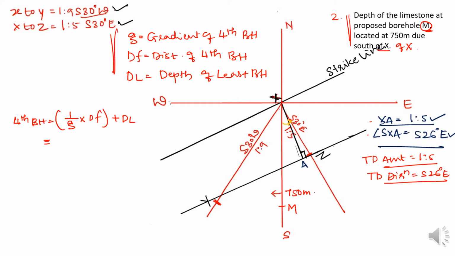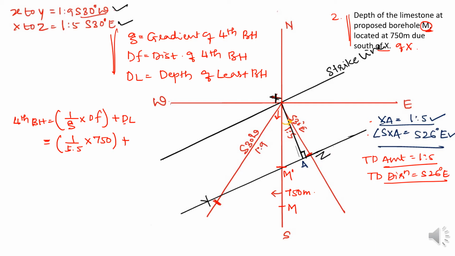Let me give you the values. The fourth borehole is located on the south line. Wherever this point is cutting, I'll name this point M dash. I'll measure the distance. So according to me, the gradient is 5.5, into df, the distance of the fourth borehole, which is 750 meters, plus dl, the depth of the least borehole.